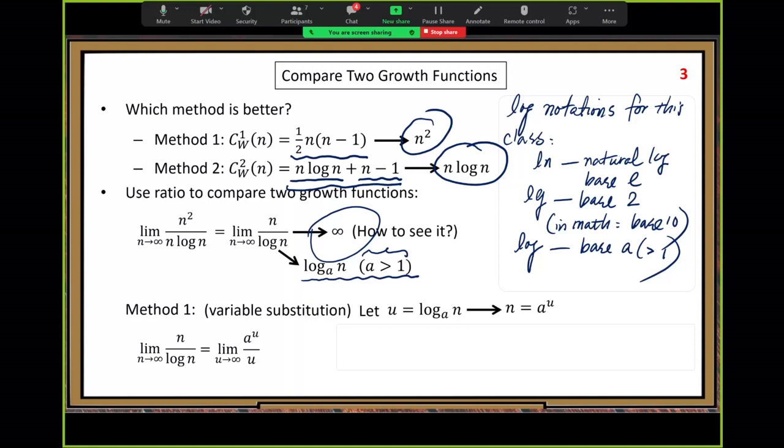For those who are not quite familiar with the log function, the second form is more friendly. Let's look at how to interpret this ratio. The denominator function u is a linear function.